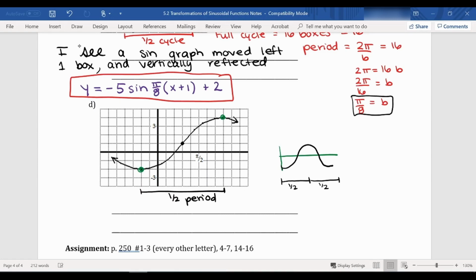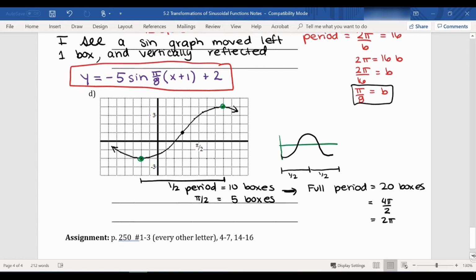okay, which is 1, 2, 3, 4, 5, 6, 7, 8, 9, 10 boxes. Okay, and we know that 1, 2, 3, 4, 5 boxes is pi over 2. So what that means is a full period is 20 boxes, which would be pi over 2 times 4, or 4 pi over 2, which is 2 pi.